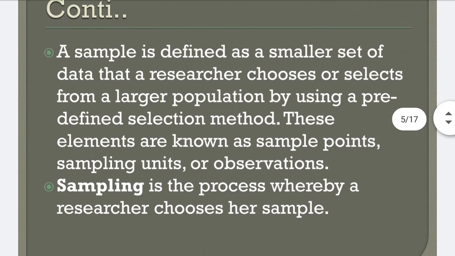Continue. A sample is defined as a smaller set of data that a researcher chooses or selects from a larger population by using a predefined selection method. These elements are known as a sample point, sampling unit, or observation. Sampling is the process whereby a researcher chooses her sample.